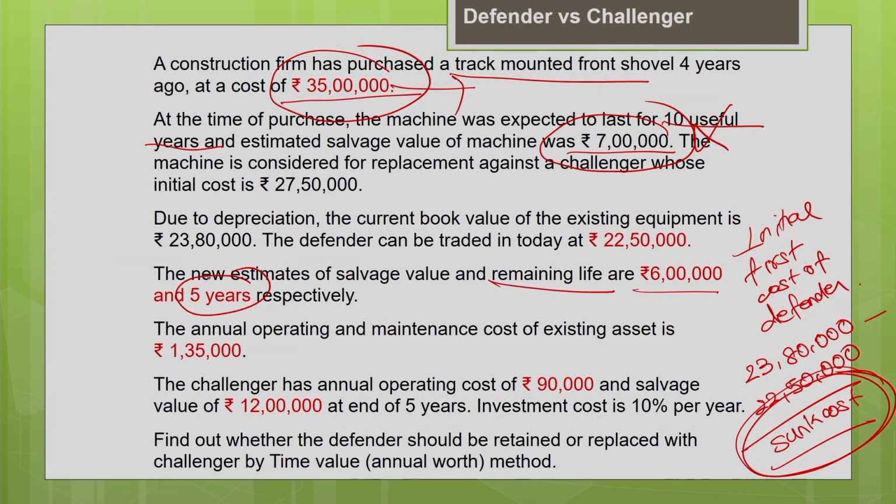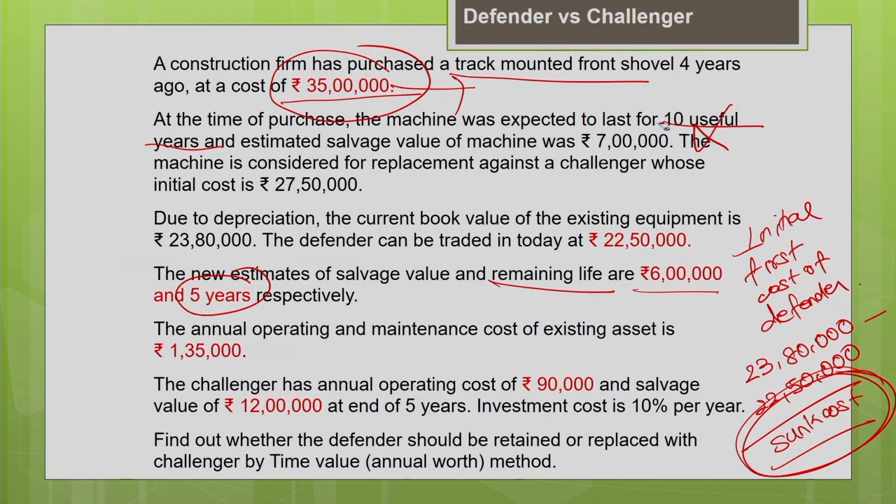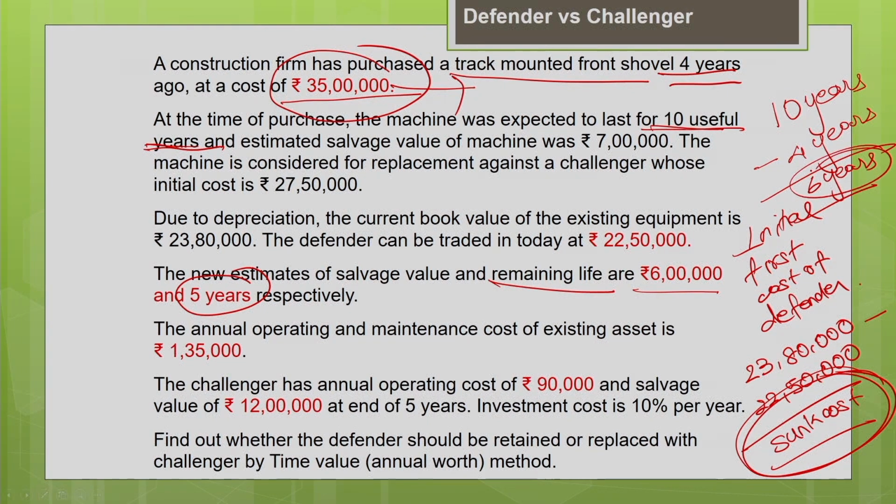Based upon your earlier estimate, the total life of the machine was estimated to be 10 years at the time of purchase. So the remaining life would be supposed to be 10 years minus 4 years, which is 6 years, but it is not so.